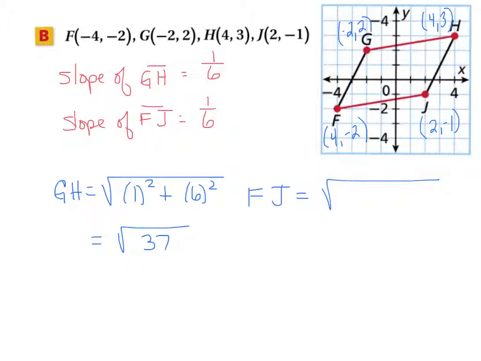FG, if I subtract my y's, negative 1 minus a negative 2 would give me 1 squared. 2 minus negative 4 would give me 6 squared, and that would also give me the square root of 37. So because one set of opposite sides have the same slope, they're parallel. And since GH is equal to JF, the lengths are congruent, so therefore it is a parallelogram.